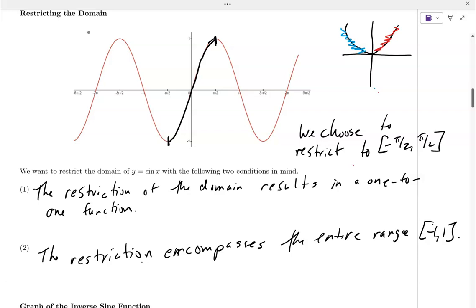The reason why I'm making a big deal out of that is that we'll talk about inverse sine, inverse cosine, and inverse tangent quite a bit. There are three other trig functions: inverse cotangent, inverse secant, inverse cosecant.